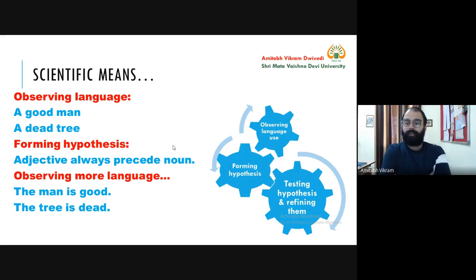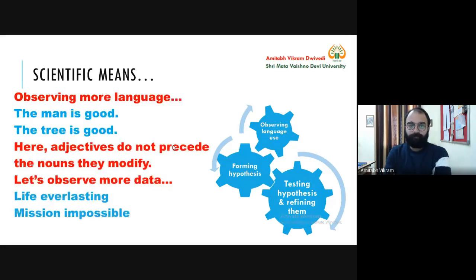Then we have also seen how we observe language data, and how that language data helps us in forming a hypothesis, and how we can test our hypothesis with more data, and modify it, refine it according to the data.